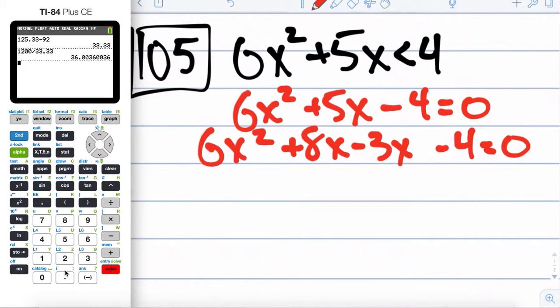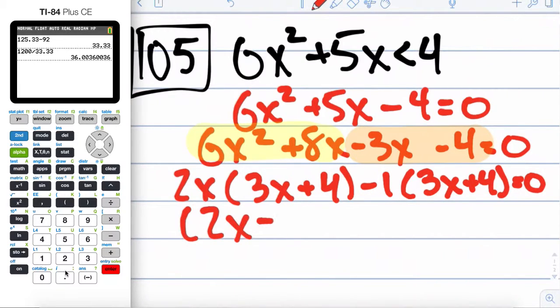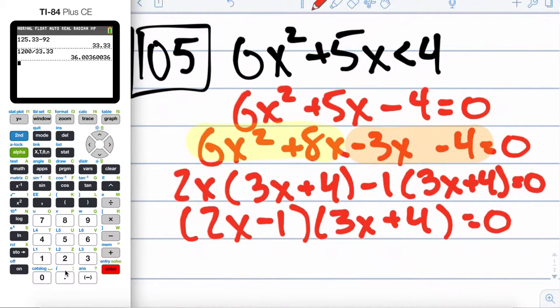I can factor by grouping. In this first group, I can pull out a 2x, and I'm left with a 3x plus 4. And in this group here, I can pull out a negative 1, and I'm left with a 3x plus 4, equal to 0. So I'll get (2x minus 1)(3x plus 4) is equal to 0. So x is equal to 1/2, or x is equal to negative 4/3.